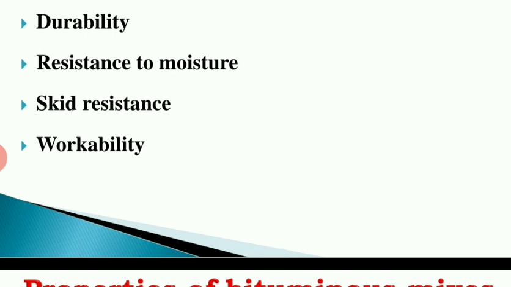And here the compacted mix should not have very high air voids, which accelerate the aging process. So in the durability part, for example after laying the bituminous mix on the top surface layer, it should not have high air voids.